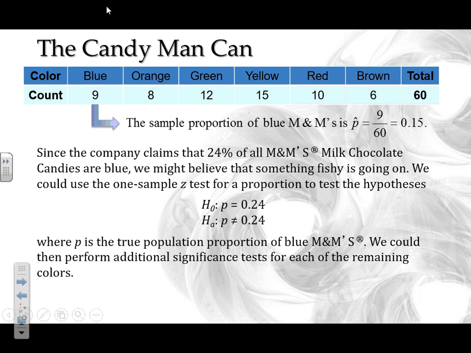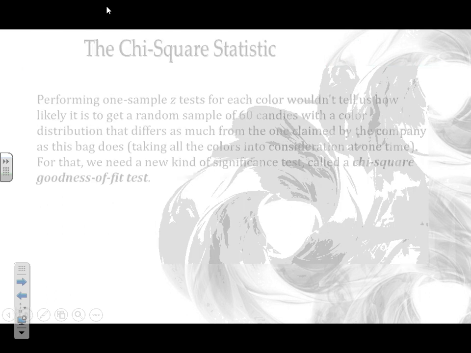They claim to have 24% blues. We claim, based on our information, that that's not true, that the proportion's not 24% like they claim. We could very easily run that test. We'd go into our calculator, type in our one-prop z-test, plug in the values we need, and figure out whether they have the correct proportion or not. That's something we definitely could do.